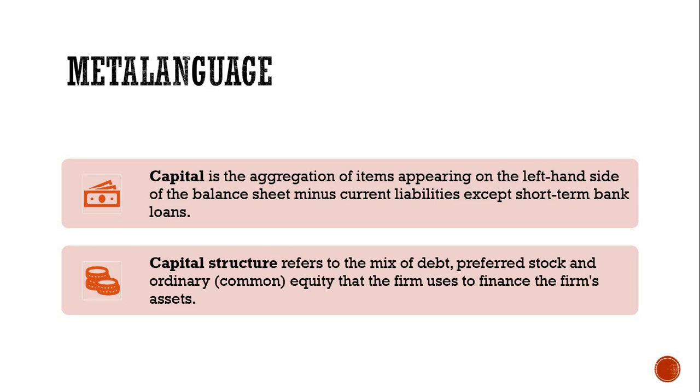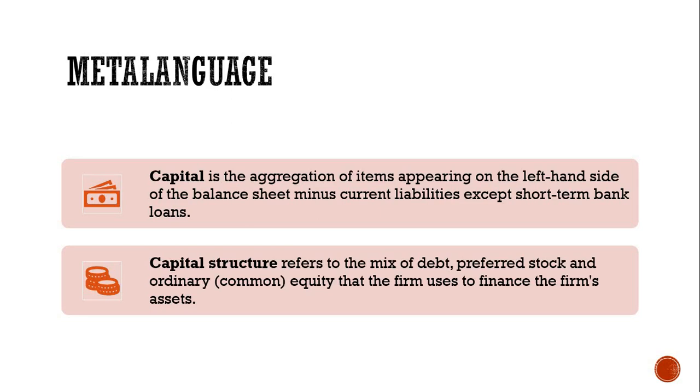Based on our understanding of the basic accounting concept, we have the basic accounting equation: assets is equal to liabilities plus owner's equity. So this capital is actually not just the owner's equity. It includes a portion of our liability, particularly the long-term liabilities and short-term bank loans.